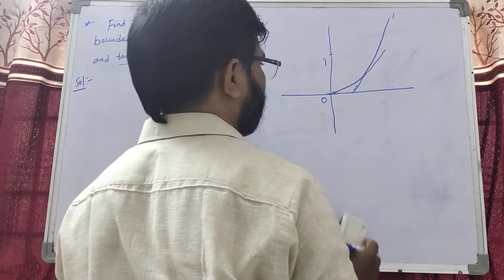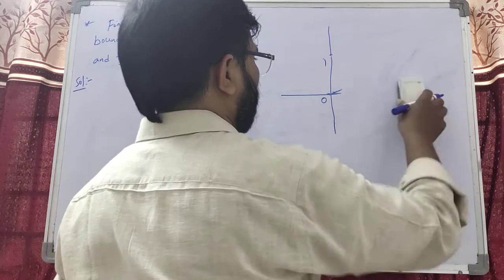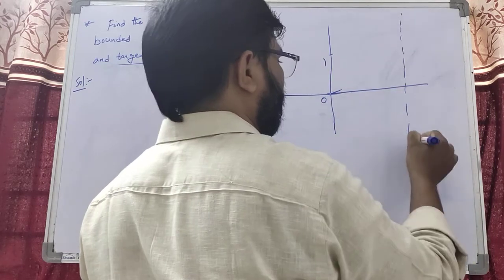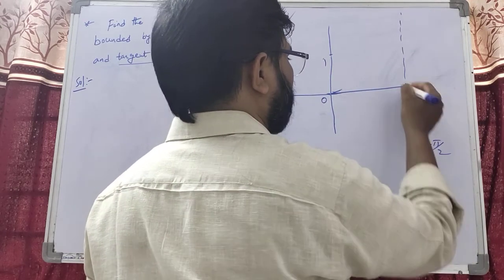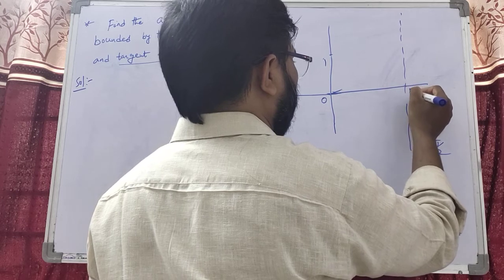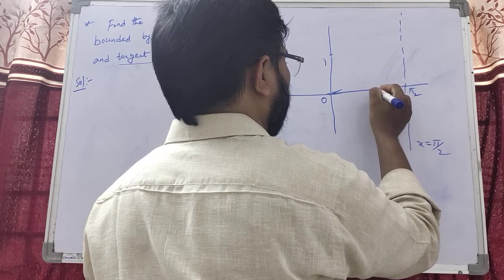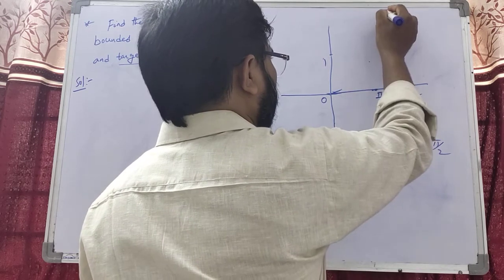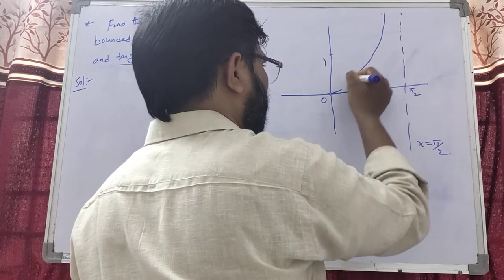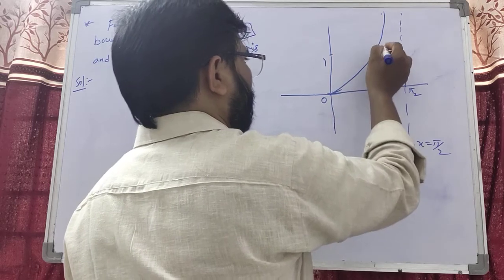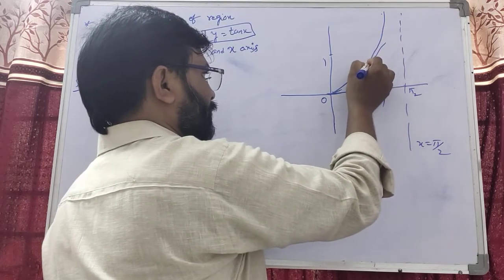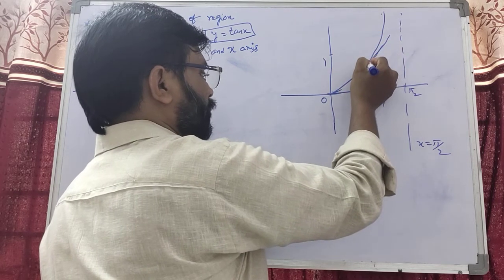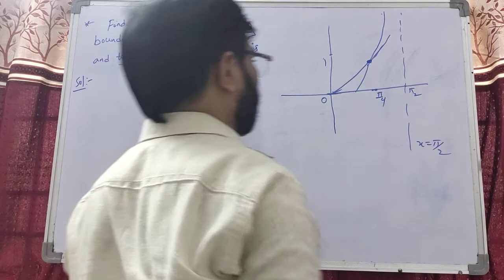Okay students, suppose here we are taking, just 1 minute students, this is the 90, x equal to pi by 2. So we are taking pi by 4 here. There is a curve like this. Therefore the tangent will come here. This is the tangent at pi by 4.